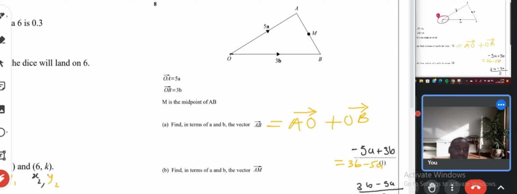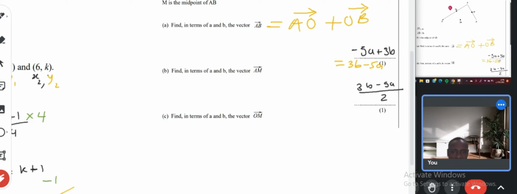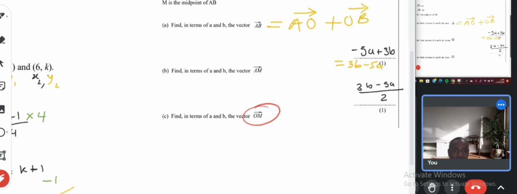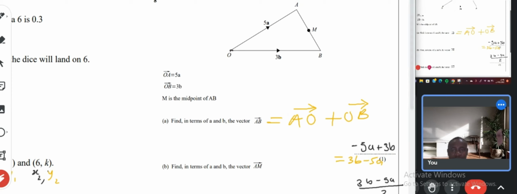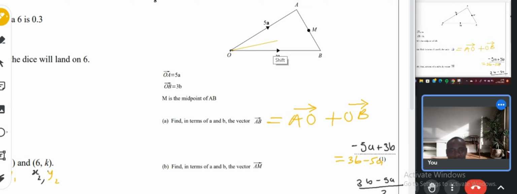You already know that. I think it says find in terms of A and B the vector OM. So we're looking for this vector, OM. Moving from O to M, how will you go?